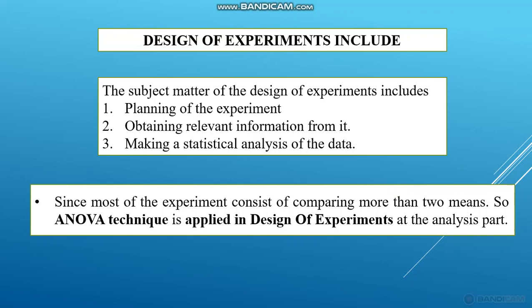These three are the basic subject matter of the design of experiments. That is, we want to plan the experiment, obtain relevant information from it, and third, do statistical analysis.